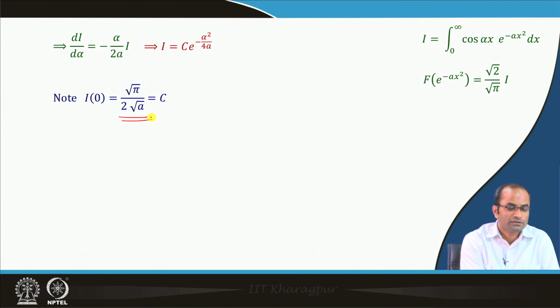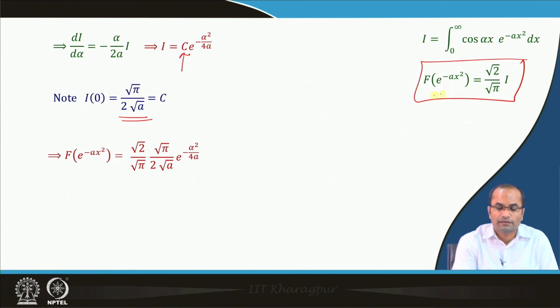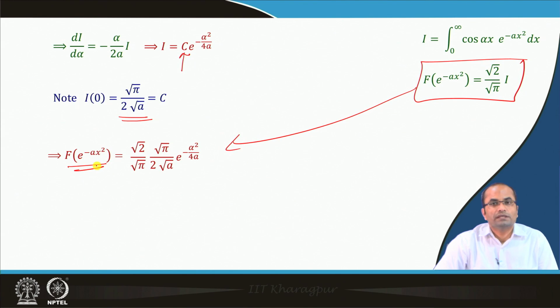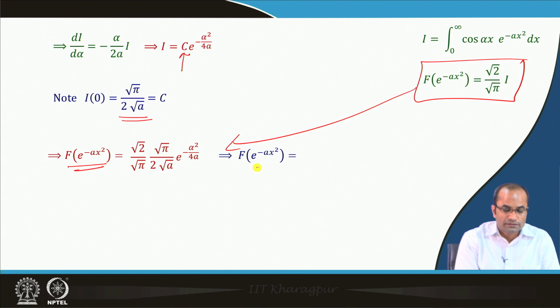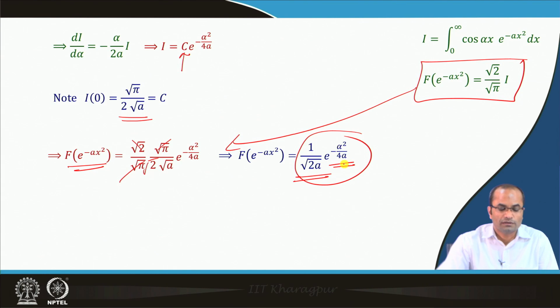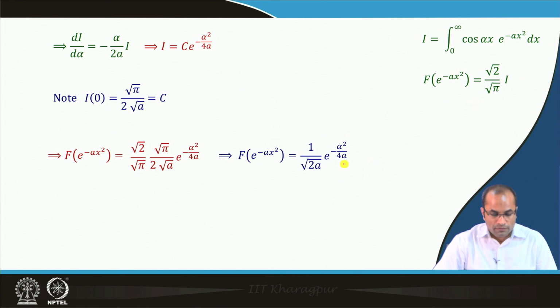So, we got this constant term, and once we have this integral I, we can use this to get the Fourier transform of e power minus a x square, which is nothing but 1 over square root 2a, because this will cancel out, and then here we have also square root 2. So, 1 over square root 2a and exponential minus alpha square over 4a.